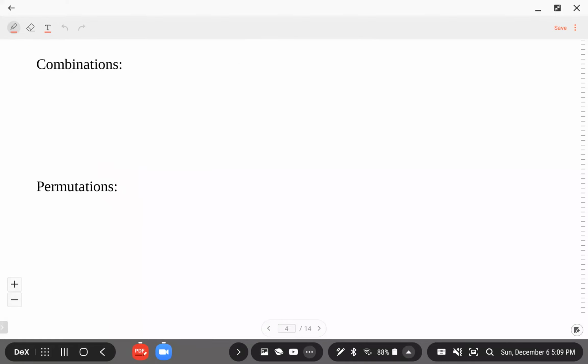Let's move on to combinations and permutations. Right here on this slide, I have combinations first, but I'm going to explain permutations first because it is easier to understand. Permutations are basically the arrangement of a specific linear sequence.